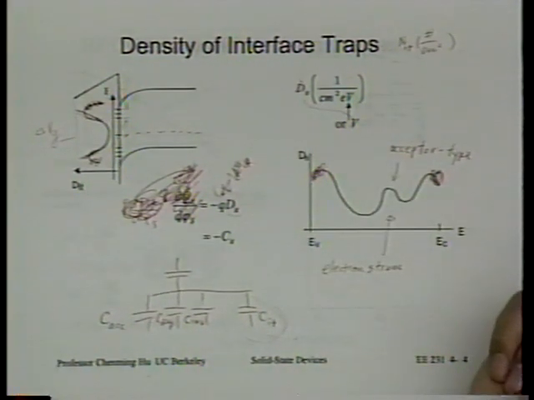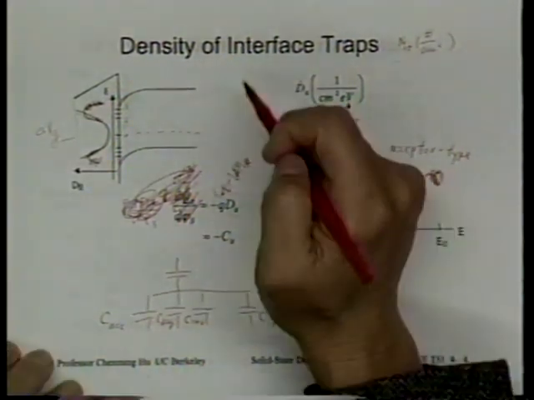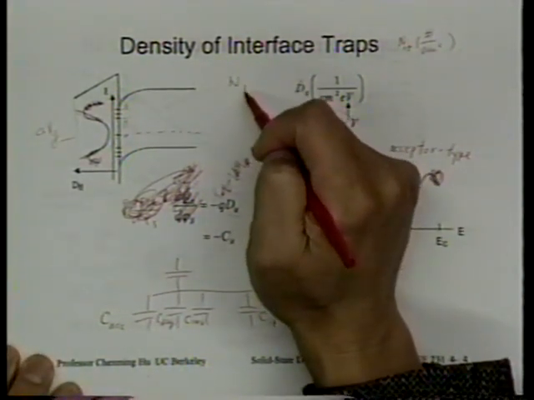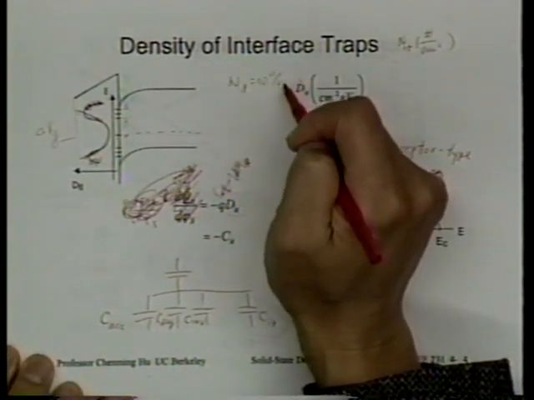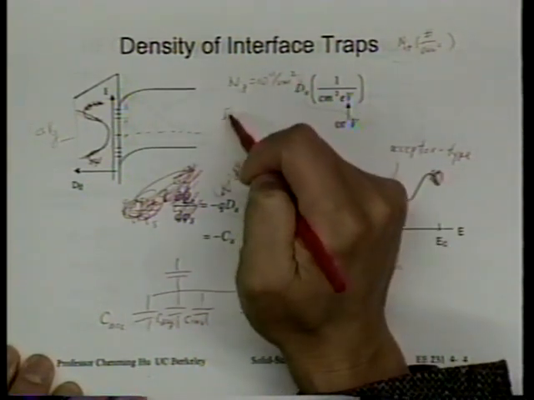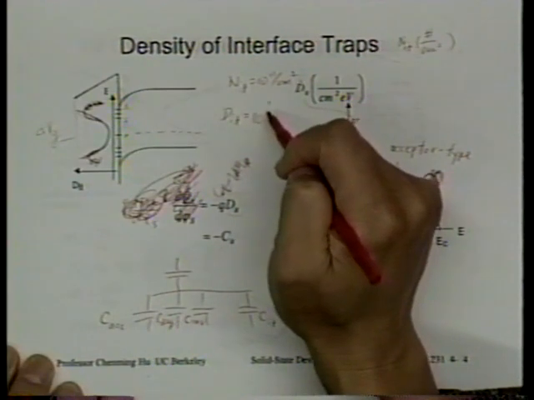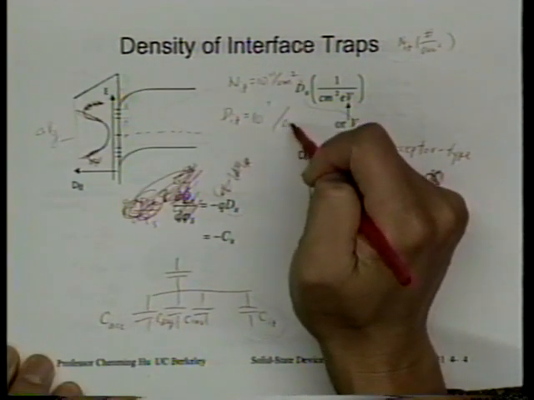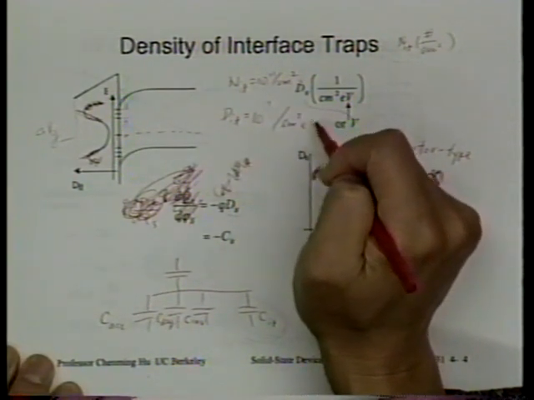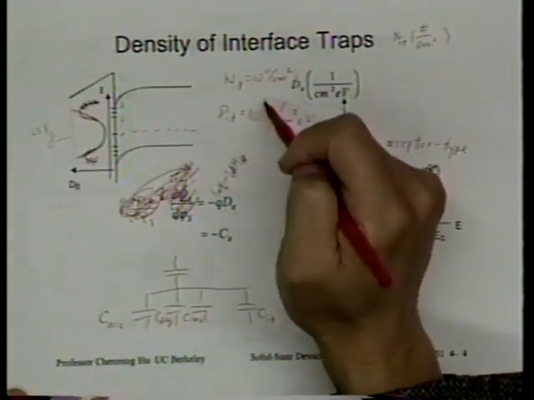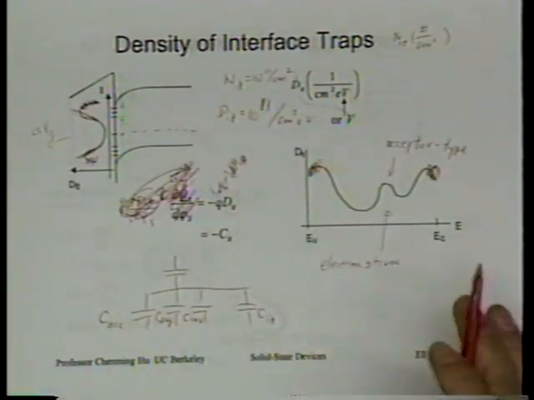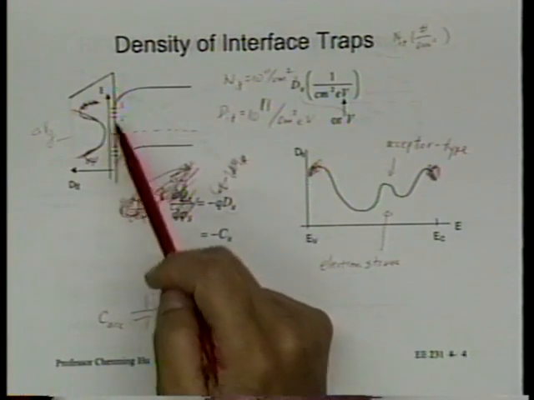All right? For example, suppose we have an NIT of 10 to the 11th per square centimeter. What would be the average DIT? It would be 10 to the what per centimeter square and per eV? Let me tell you, it turns out 10 to the 11th. That simply is because we have one eV here, right?